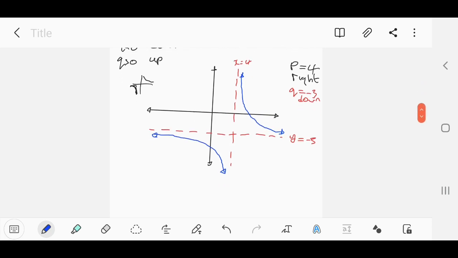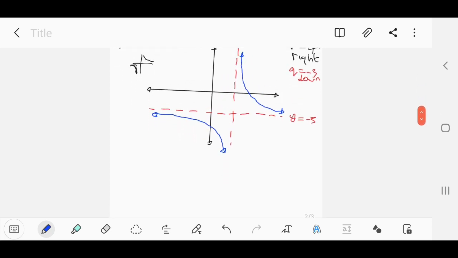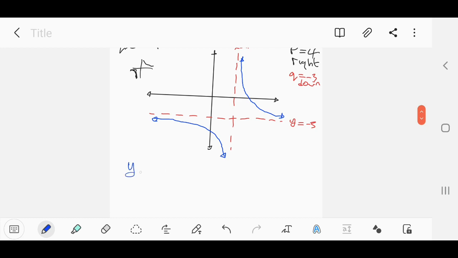How do we calculate intercept? For the y-intercept, we make x to be equal to 0.